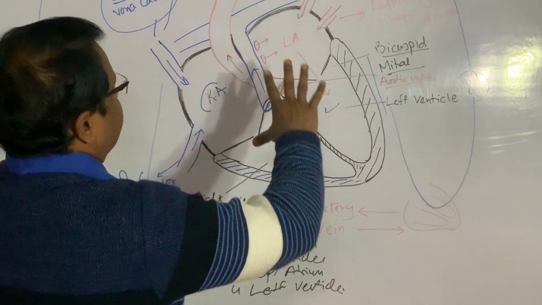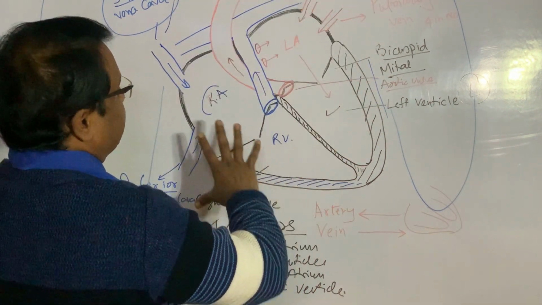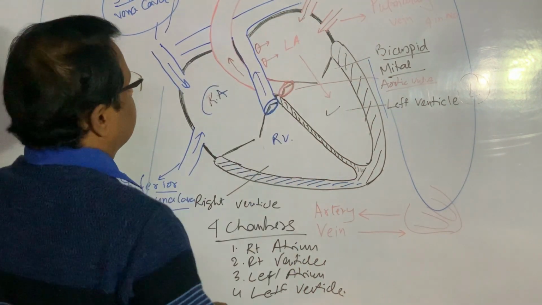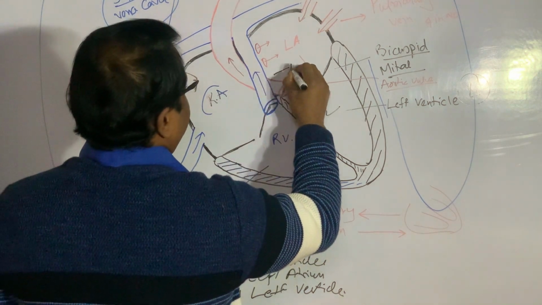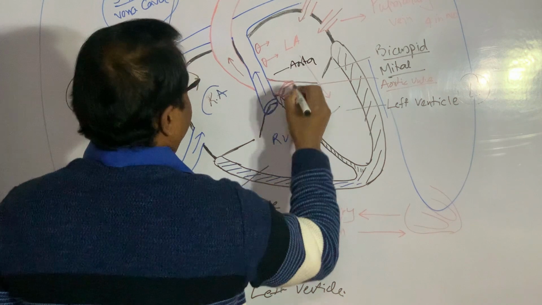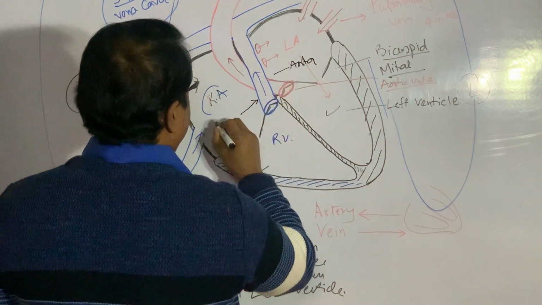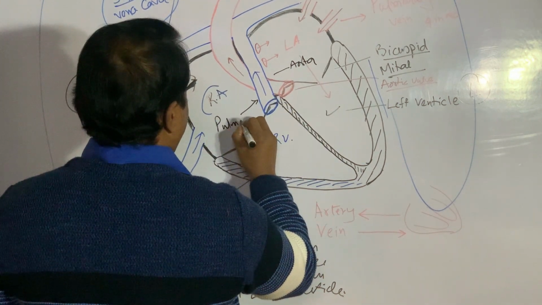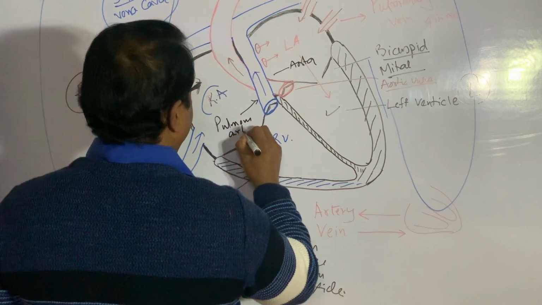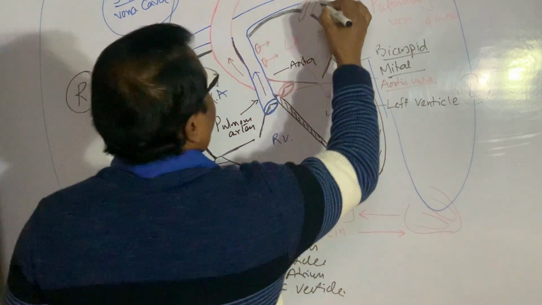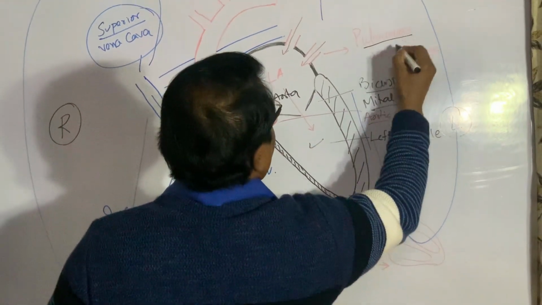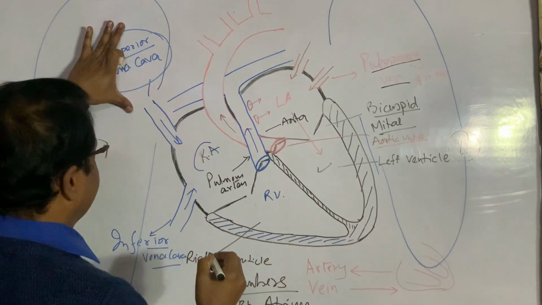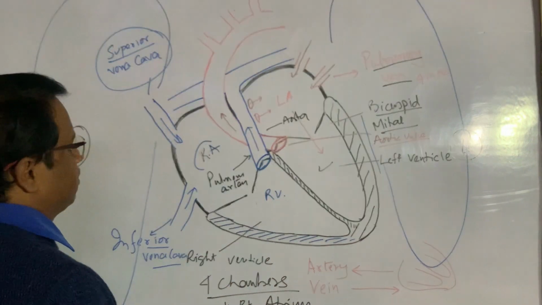Next, the vessels connected with the heart are number 1 aorta, number 2 pulmonary artery, 4 large pulmonary veins, and superior vena cava and inferior vena cava.